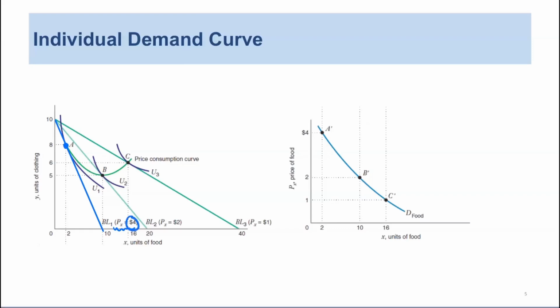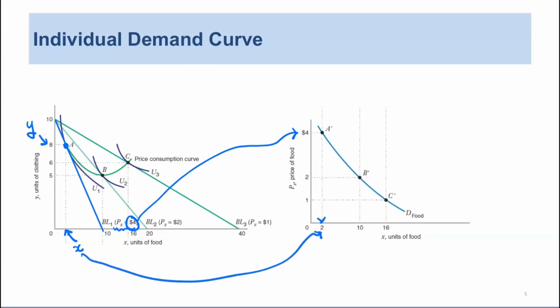At the same time, the optimal basket is 2 for good X and 8 for good Y. So the first point is going to be mapped in the next figure as: when the price of X is 4, the optimal demand for good X is 2.